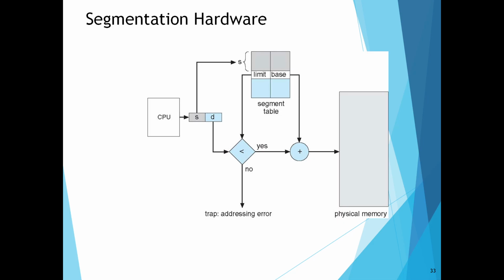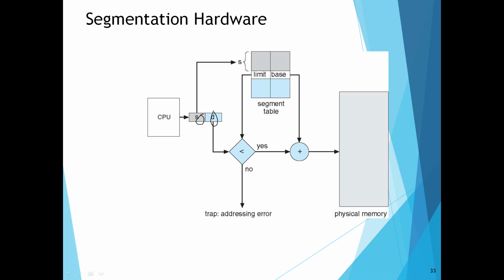As I told initially, the CPU generated address is called a logical address. The logical address is divided into 2 parts: S denotes the segment number, and D denotes the offset.